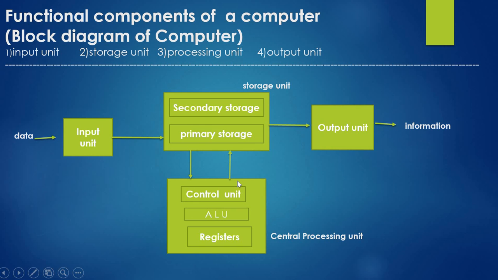That is, the binary form of the result is stored again in this storage unit. Then this output unit accepts that 111, the binary form of 7, and converts it into 7 and displays it as 7. Okay.